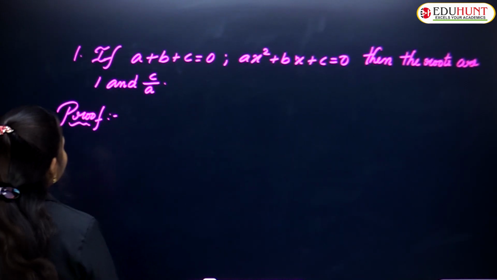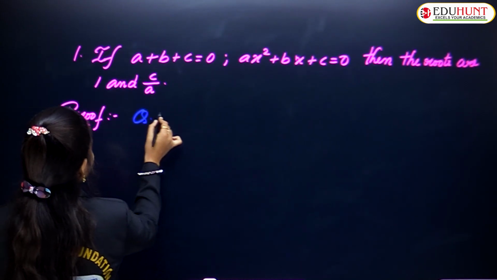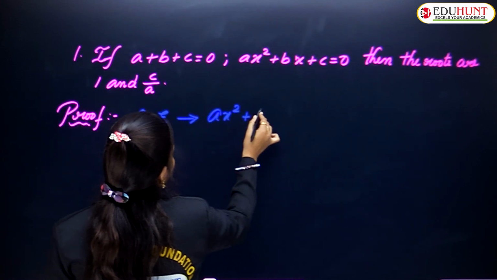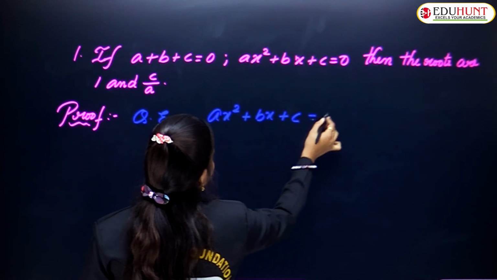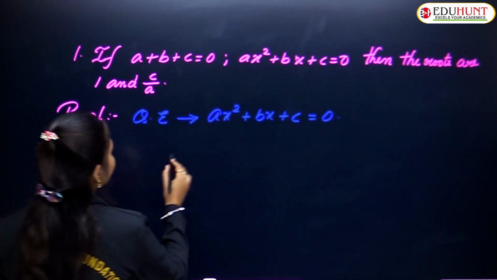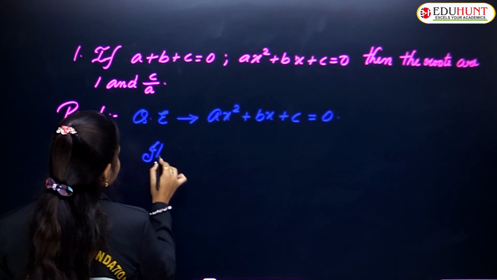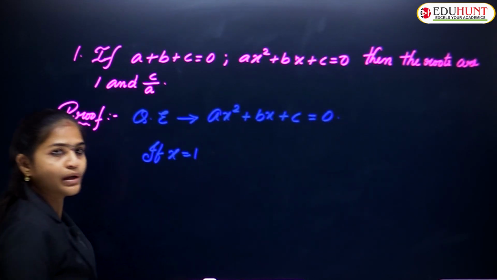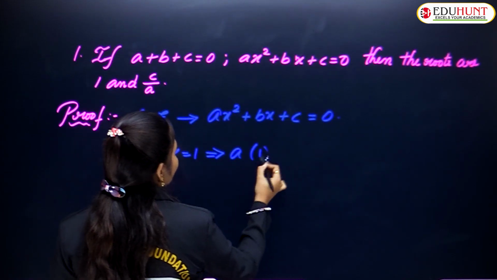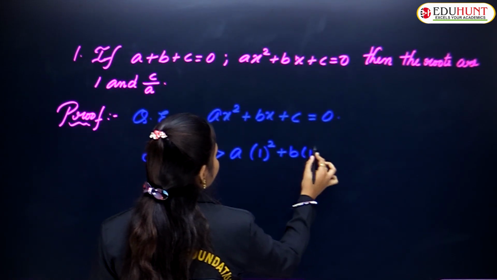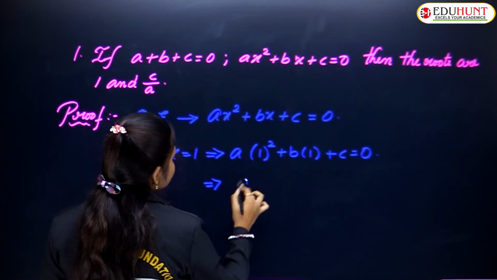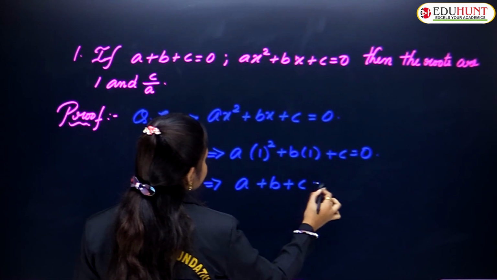What is the given quadratic equation here? That is ax square plus bx plus c is equal to 0. This is the given quadratic equation. If you take x is equal to 1 and substitute, then a into 1 square plus b into 1 plus c is equal to 0, which equals a plus b plus c is equal to 0.